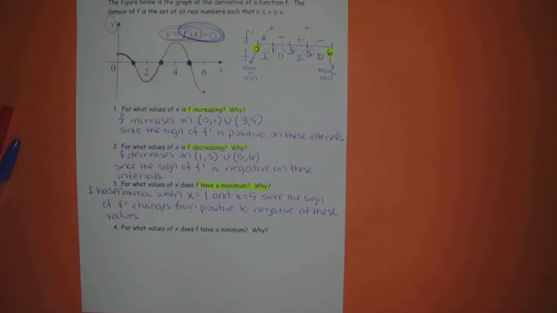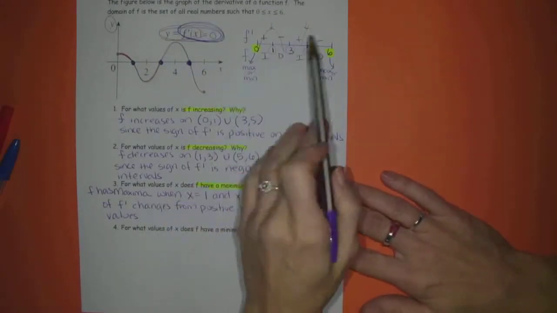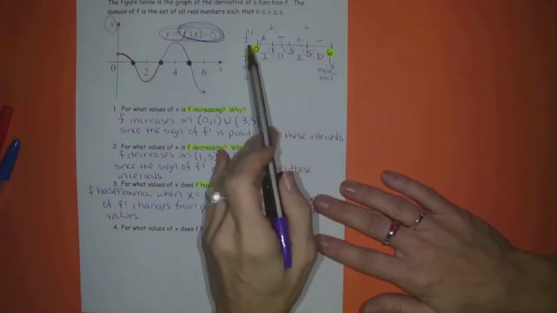Okay, so those are the obvious ones. The ones on the interior of the closed interval.